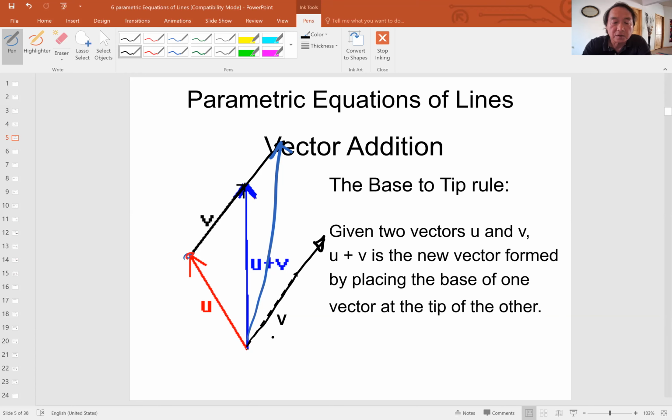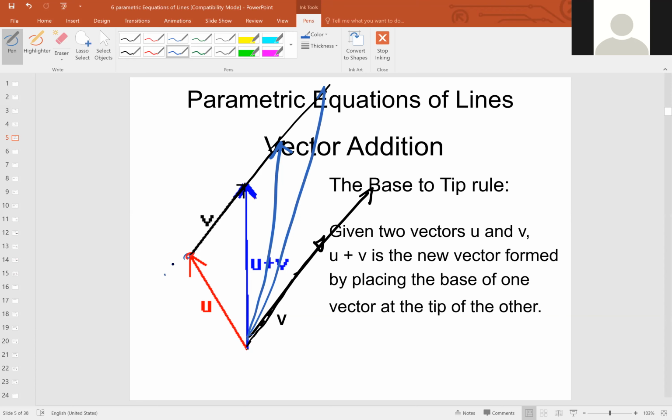If I stretch it even longer, I will just get another vector on this line. That's how we're going to use this geometry to obtain the equation for a line using vector form.